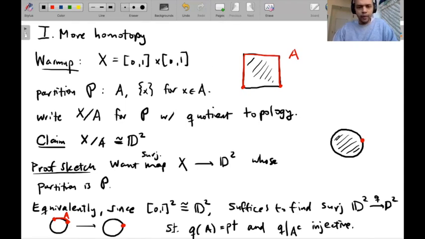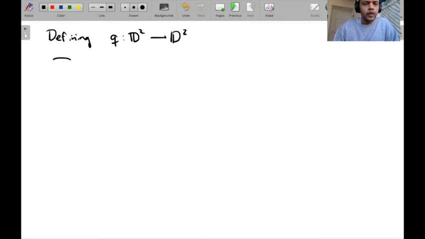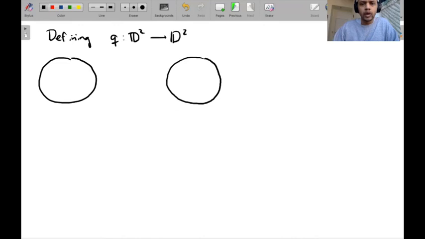So all that remains is to define this map Q. Let's do this on another page. Defining Q on D squared, let me do this in a picture, which will hopefully be convincing.